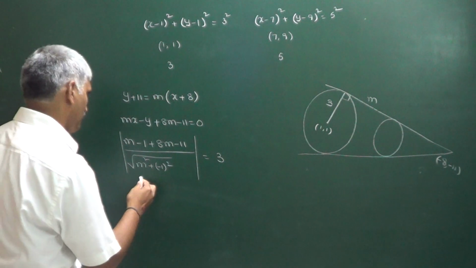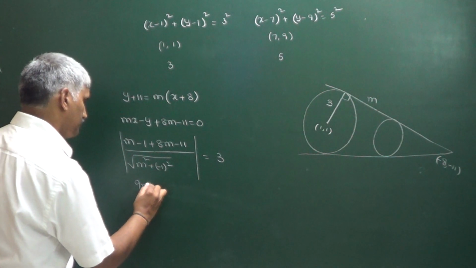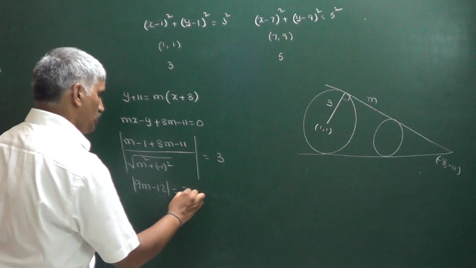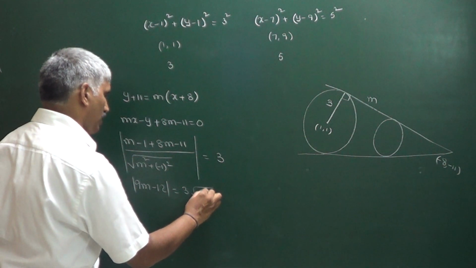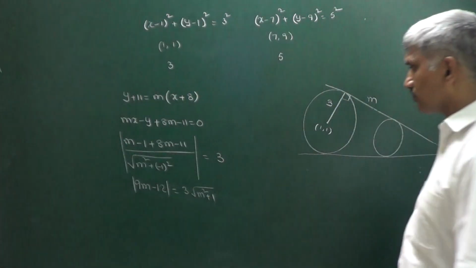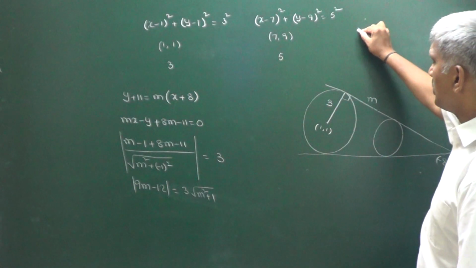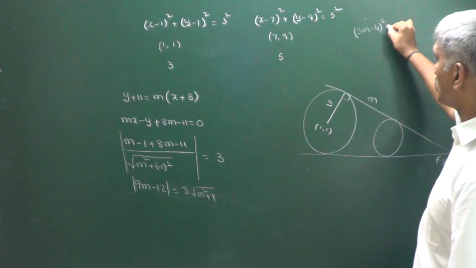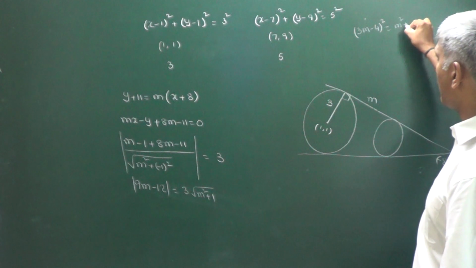We will simplify. So |9m − 12| = 3 times the root of m² + 1. On both sides we can cancel 3. If you cancel 3, what happens? (3m − 4)² = m² + 1. Further simplification: 9m² + 16 − 24m = m² + 1.